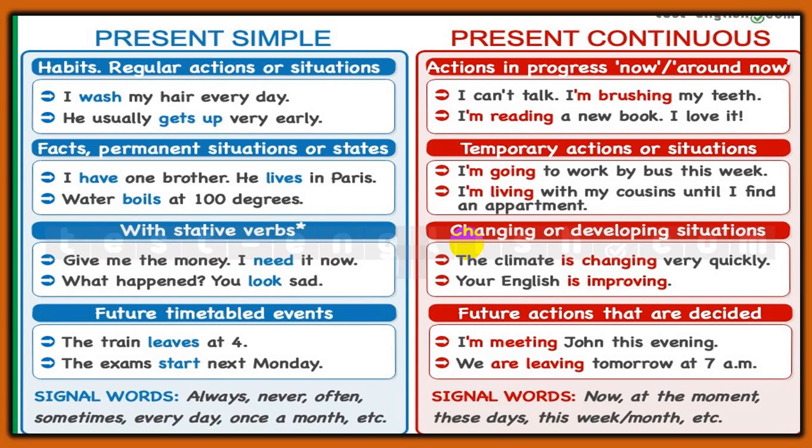We can use the present simple tense in habits, when I do something regularly in my life, just like I wash my hair every day. This is a regular action, meaning I do it on a daily basis.